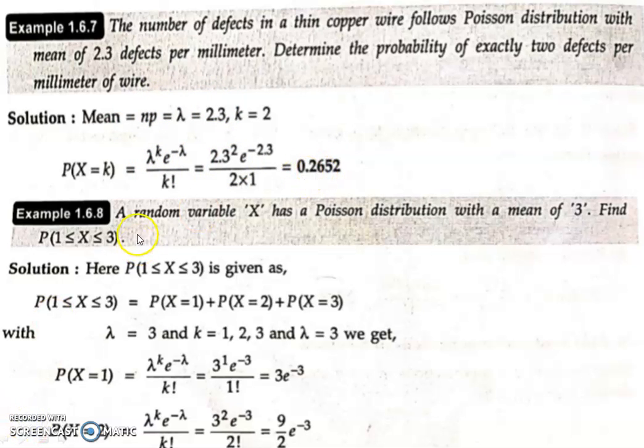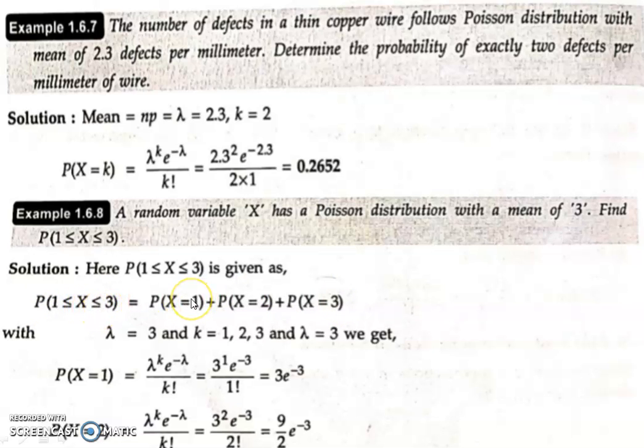Now consider the next example problem. A random variable x has a Poisson distribution with mean of 3. Find the probability that x is greater than or equal to 1 and less than or equal to 3. Here k ranges from 1 to 3. You need to find p of x equal to 1, p of x equal to 2, and p of x equal to 3, because they are asking for the probability in the range 1 to 3.